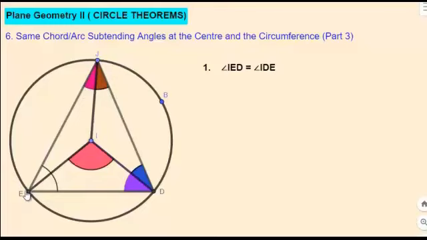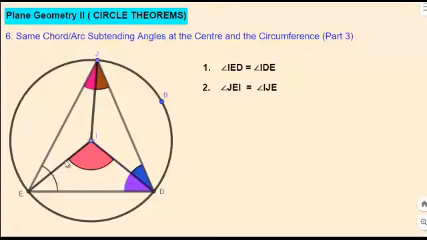And you see that it fits equally, meaning that these 2 angles are also equal. That is angle JEI is equal to angle IJE. So they are equal in value.